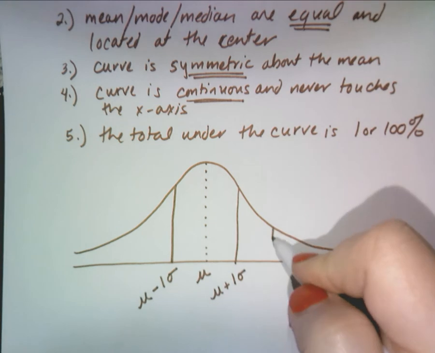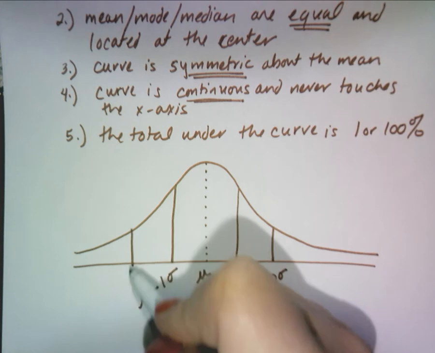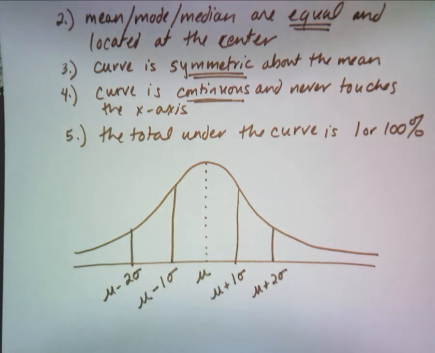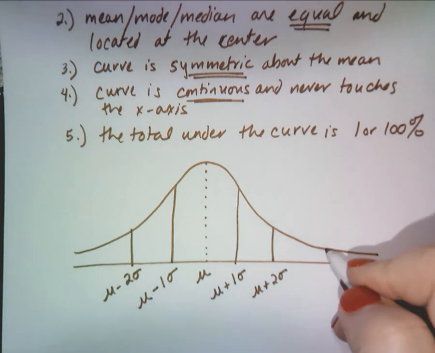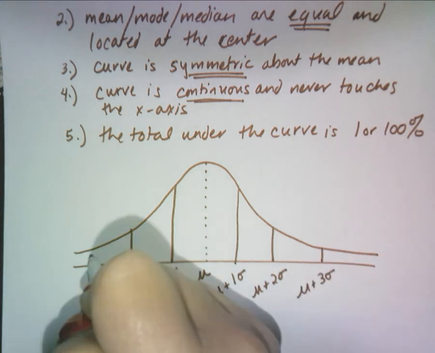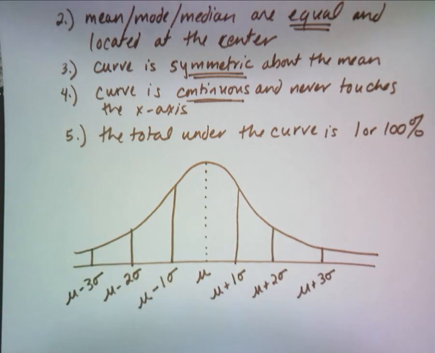I could go 2 standard deviations to the right and 2 to the left because, again, everything is symmetrical. And then I could go 3 standard deviations to the right. Anything past 3, right or left, is really almost insignificant. It's so far beyond our mean.